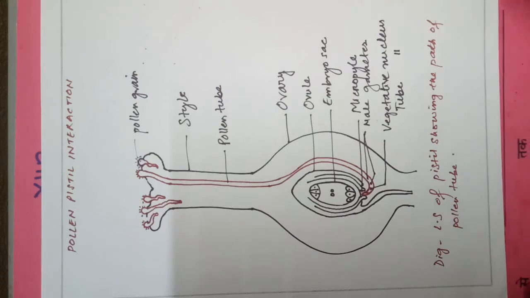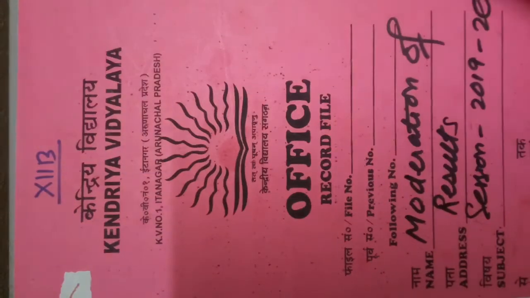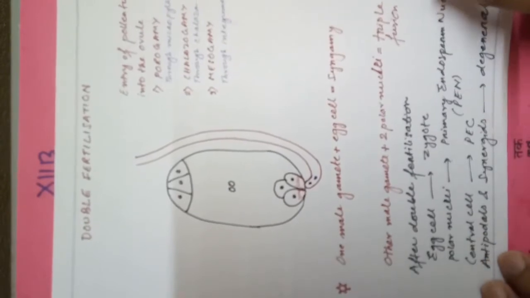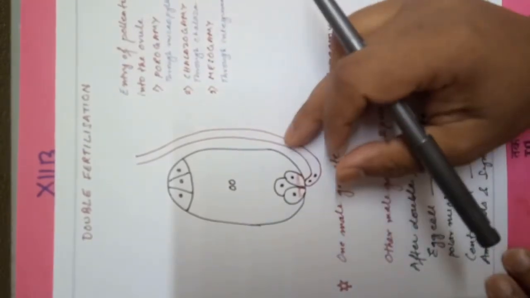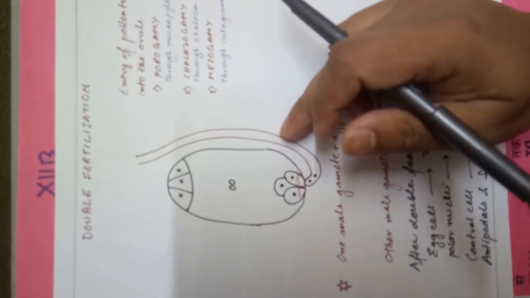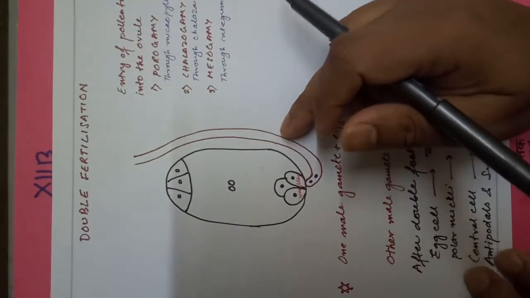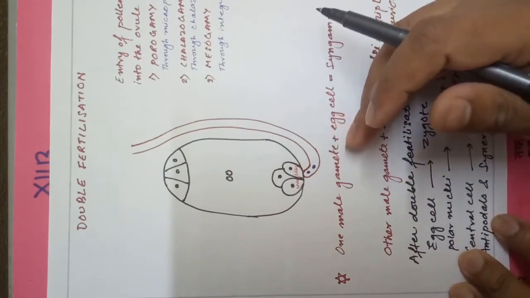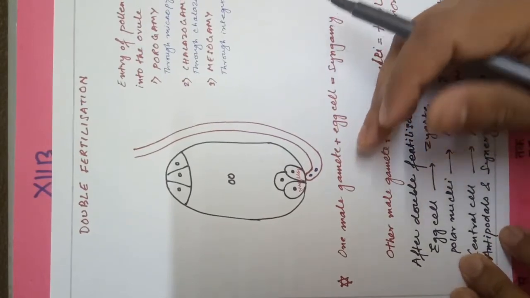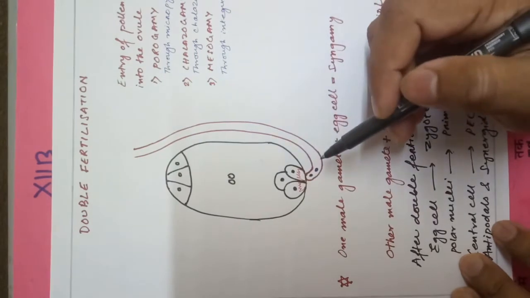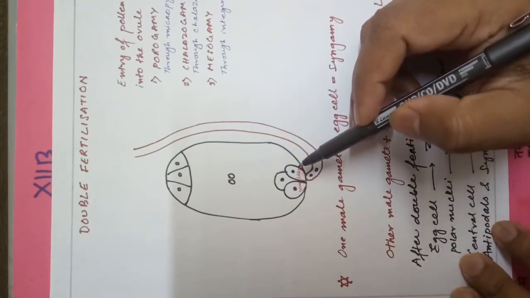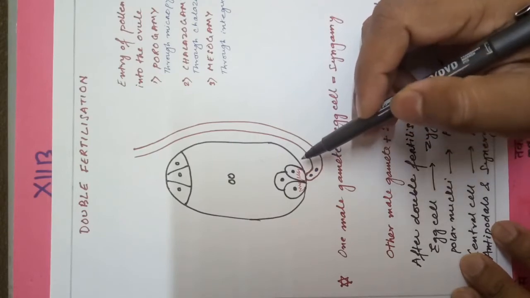Now I will show you the double fertilization. Students, here I have shown you the diagram of an embryo sac. And if you recollect, the embryo sac of a typical angiosperm is in 7-celled, 8-nucleate condition.